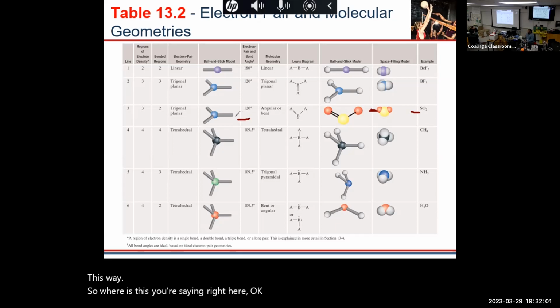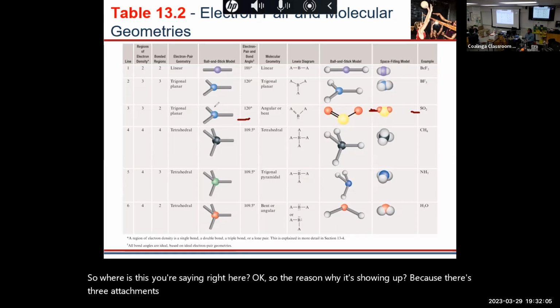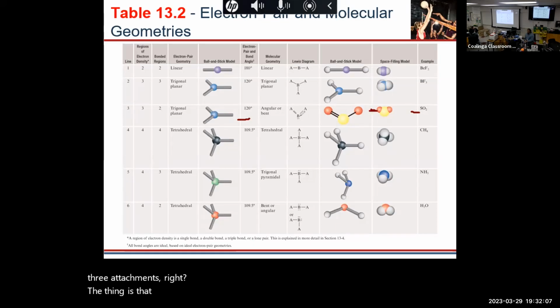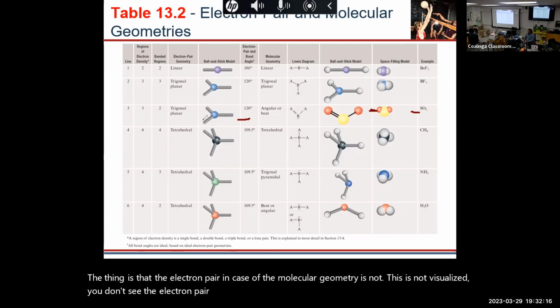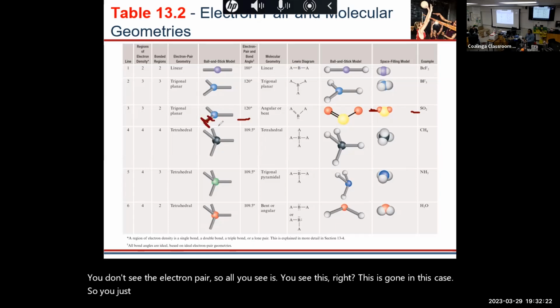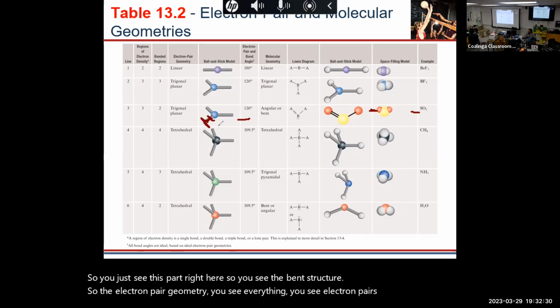Okay, so the reason why it's showing up is because there's three attachments, right? The thing is that the electron pair in the case of the molecular geometry is not visualized. You don't see the electron pair. So all you see is this, right? This is gone in this case. So you just see this part right here, so you see the bent structure. The electron pair geometry, you see everything. You see electron pairs and you see the atoms attached.